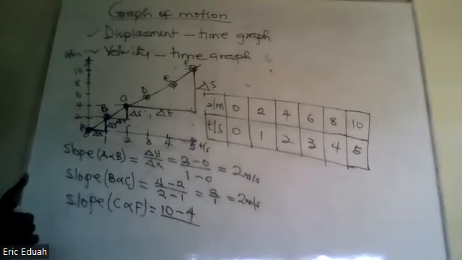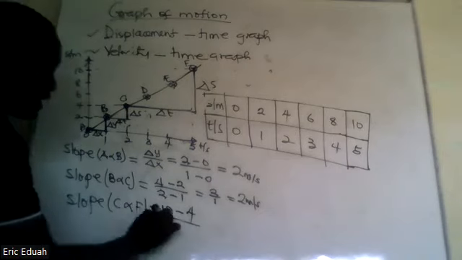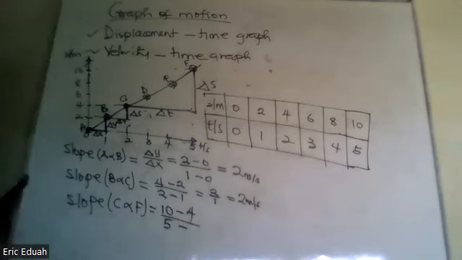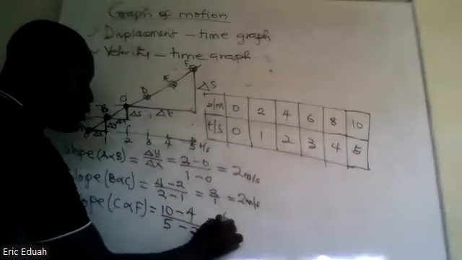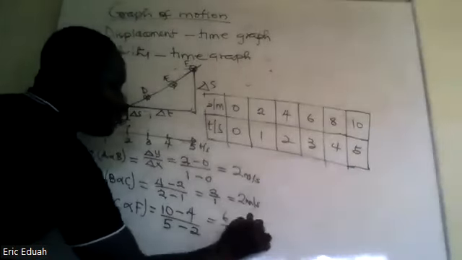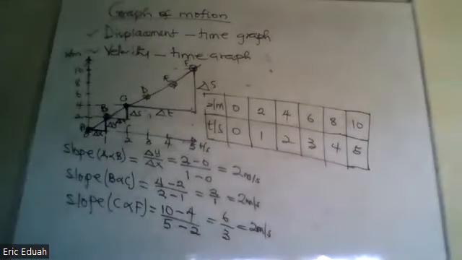Maximum time value. 5. Minimum. So we have 6 on 3, giving us 2 meters per second. All right. Mami Araba, I hope you are following what you are doing.